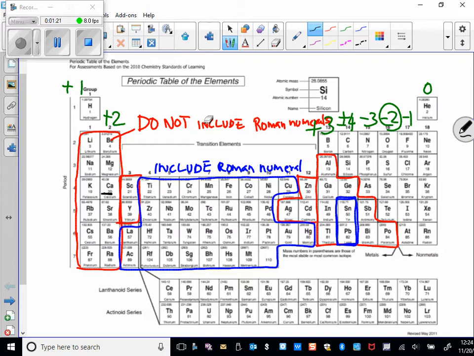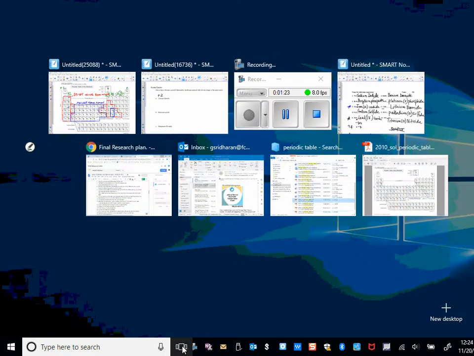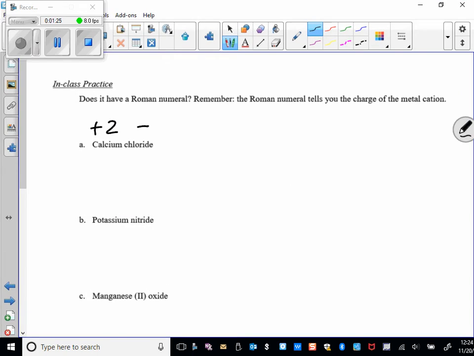Chloride is a negative 1. We cannot have a plus 2 and a minus 1. The neutral compounds are always neutral, 0.